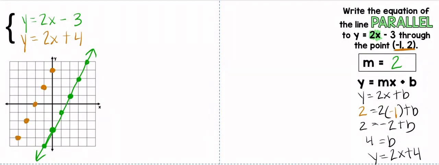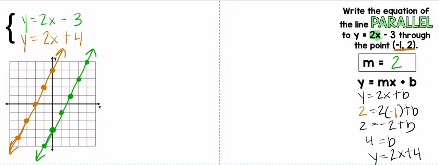And now that I have my points, I'm going to draw my line. And if you notice, they're running right alongside each other. They are never going to touch. Parallel lines never touch. Parallel lines have the same slope. Okay, go ahead and commit that to your brain, that parallel lines have the same slope.